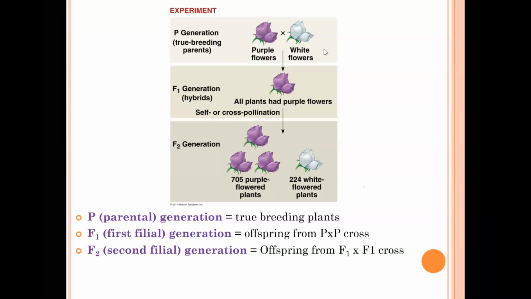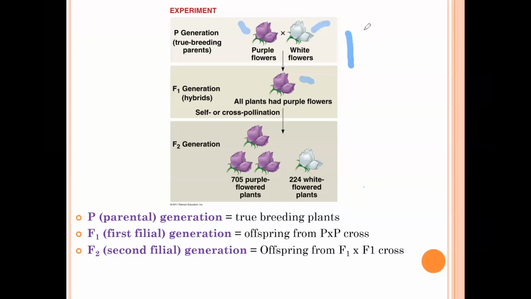So I want to kind of work this out for you guys in case you don't really have a good background in genetics. So when you follow this down, can you look at it and can you determine what's the dominant trait? Is it purple or is it white? Well, if you see right here, if you're crossing this purple and this white and you get all purple, you can determine purple is the dominant trait.